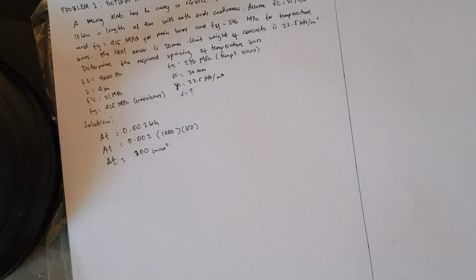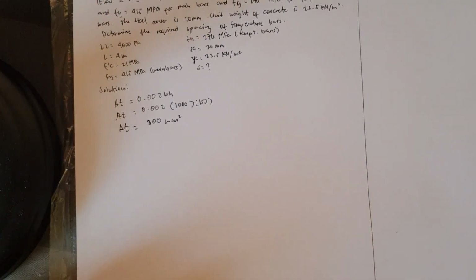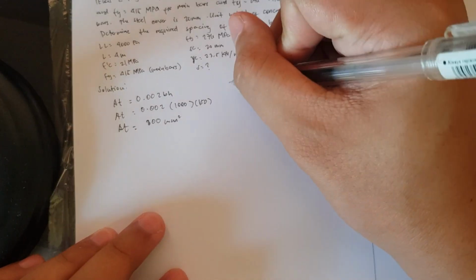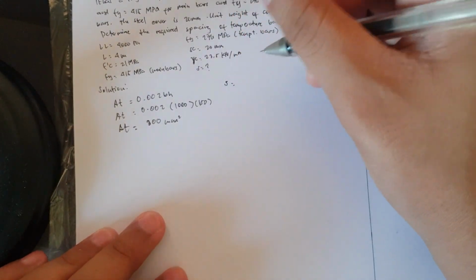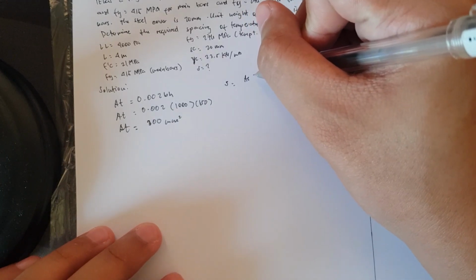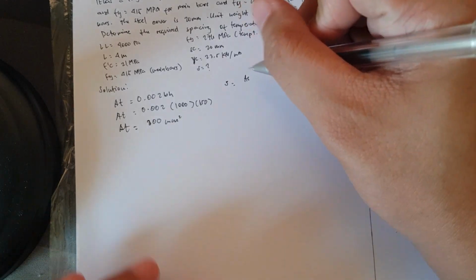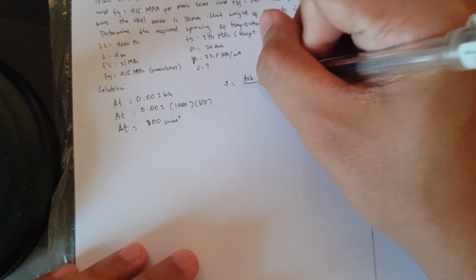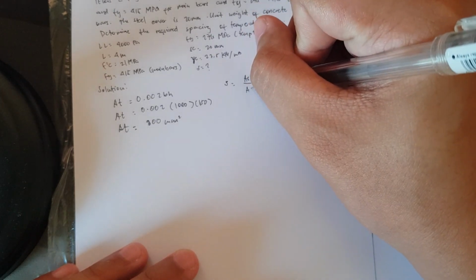So, solve naman natin yung spacing na, which is yun yung hinahanap. So, S spacing is equal to total cross section area of steel over cross section area of steel.